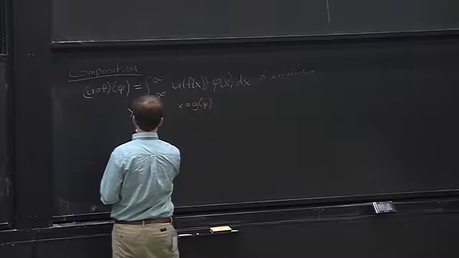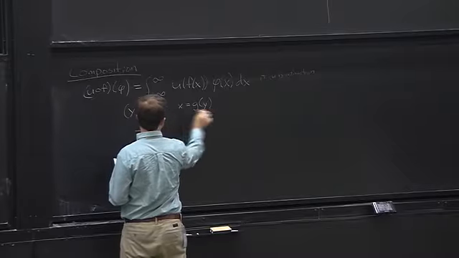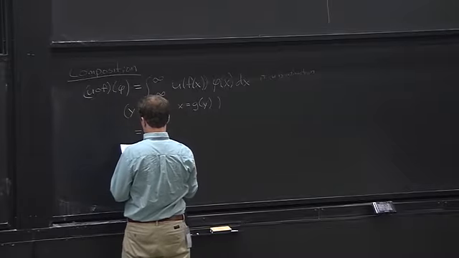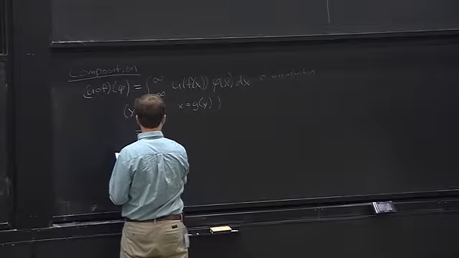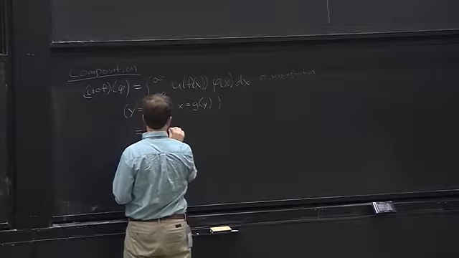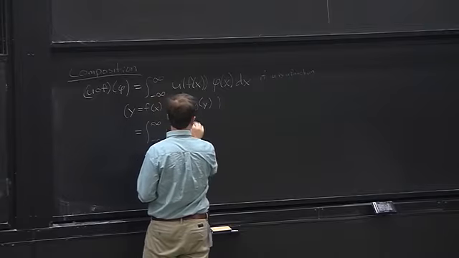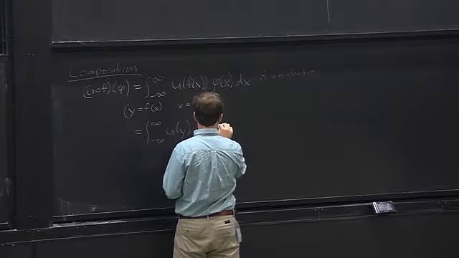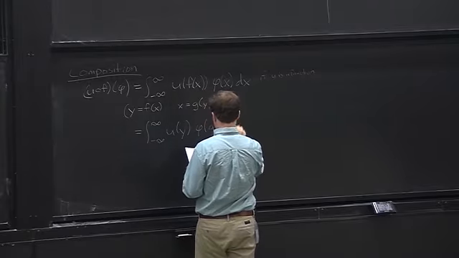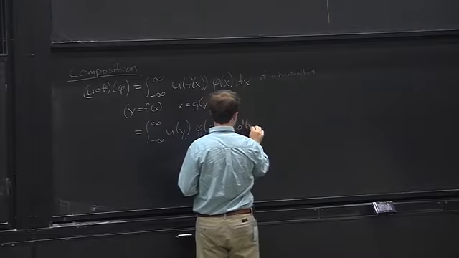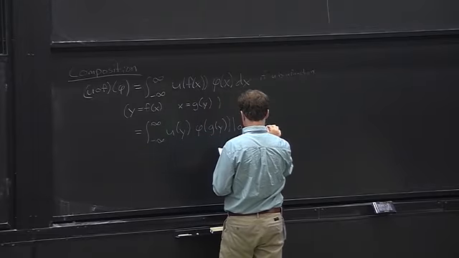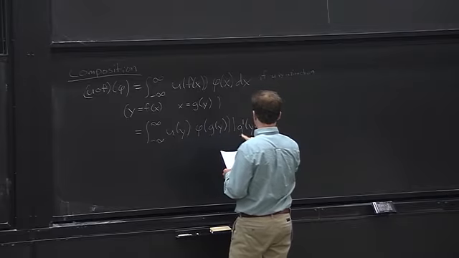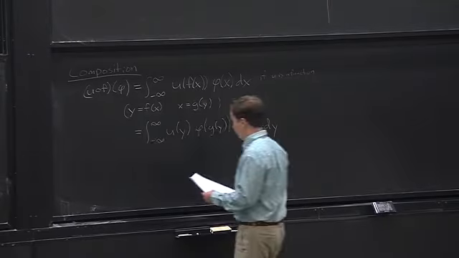If you make that change of variables, then what we get is the integral of u of y, phi of g of y, times g prime of y dy. And g is just f inverse.